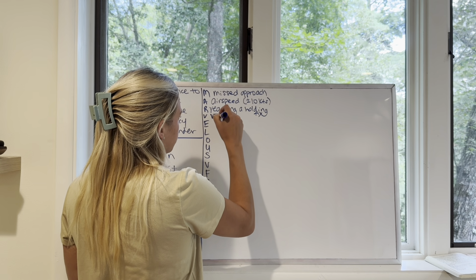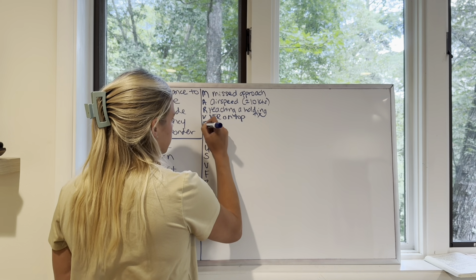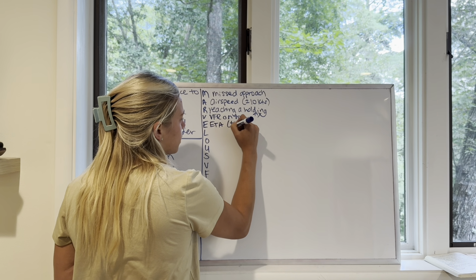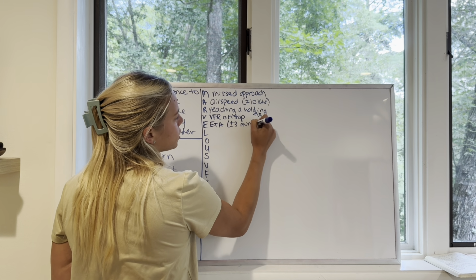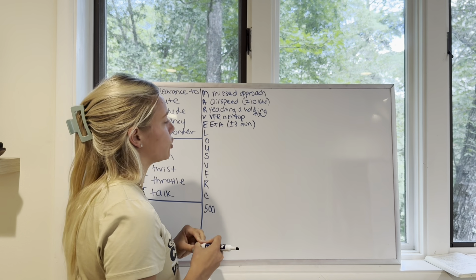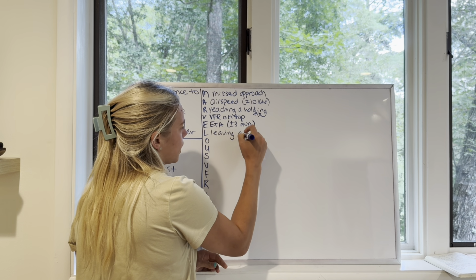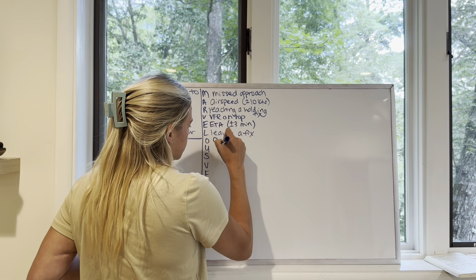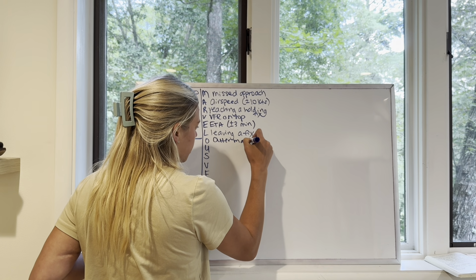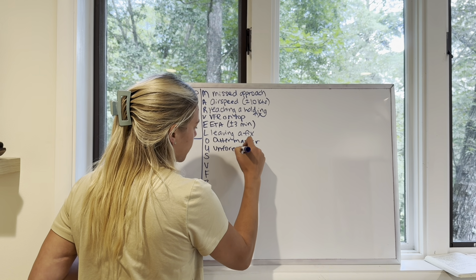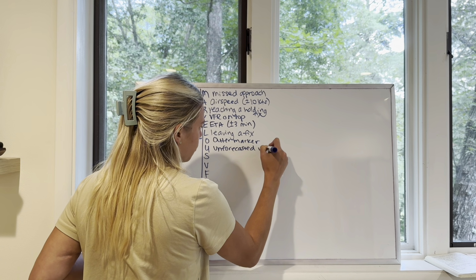V is VFR on top. E is ETA plus or minus 3 minutes. So if your ETA changes by more than 3 minutes. L is leaving a fix. O is outer marker. U is unforecasted weather.